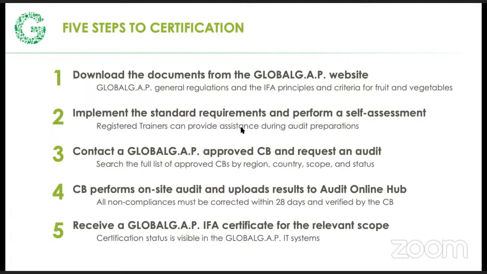Once you've acted on them, you tell them that you're in compliance. They'll verify that you're now in compliance. And at that point, your certificate would go through, and they'll publish that in the Global Gap systems. When you get that certification, it's valid for 1 year. So it'd be good for 1 year.